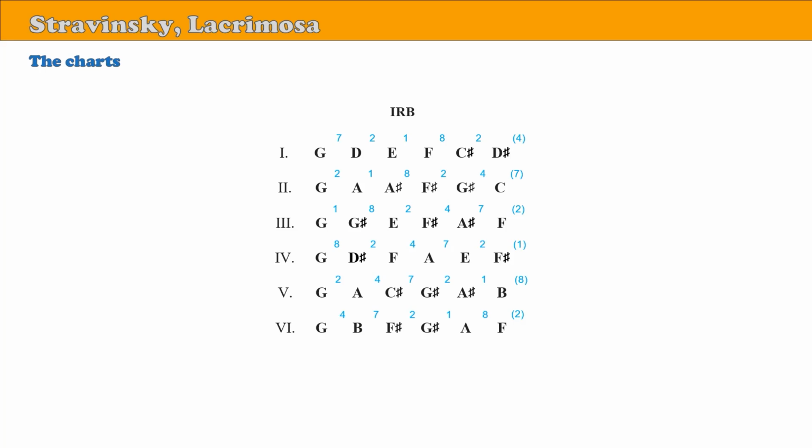That's the whole IRB array. The first note of each row is G, and in Stravinsky's music, that first note often plays a special role. The rows of the array all have the same intervals, but rotated.